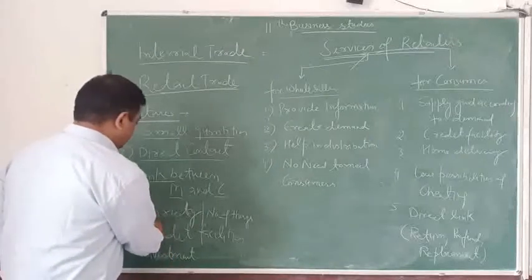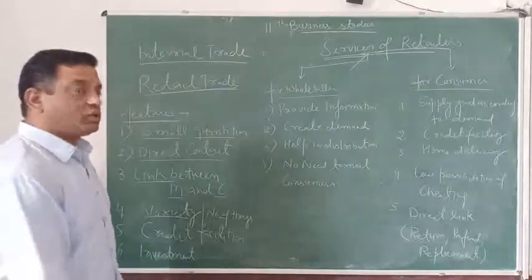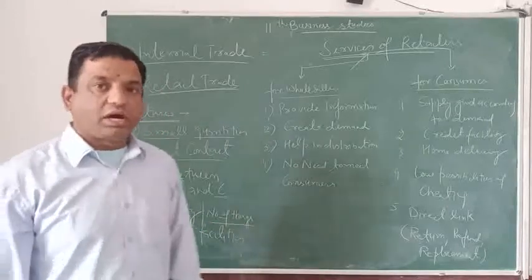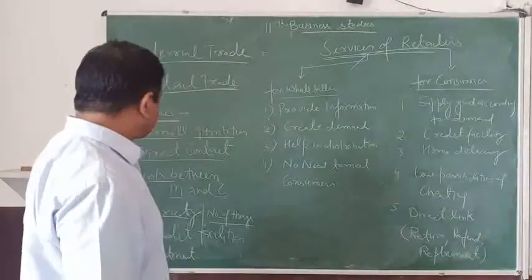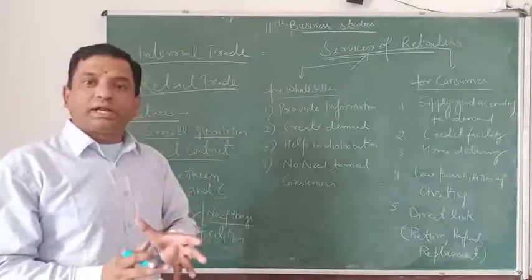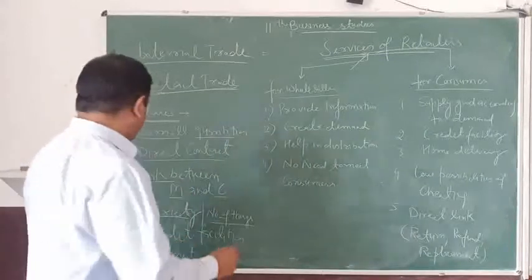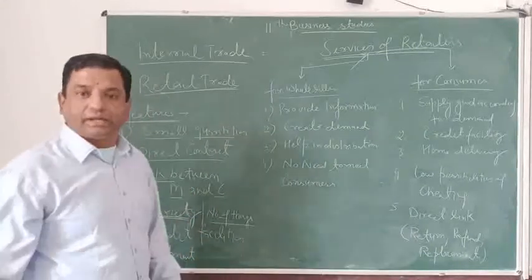Next is the variety of goods, meaning the number of goods in which a retailer deals is normally more than in wholesale. He provides a lot of variety.